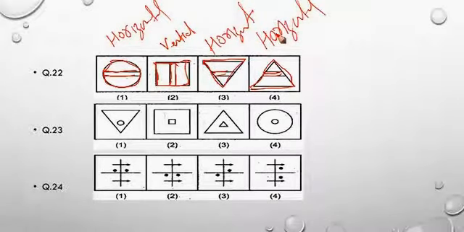So on the basis of orientation of the 2 lines inside the outer design, there are 3 designs which are horizontal and 1 design is vertical. So the design which is standing out as odd man out is problem figure 2.